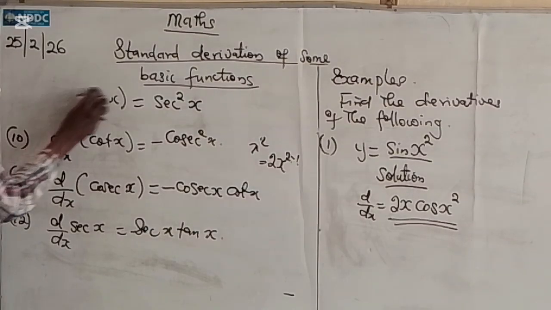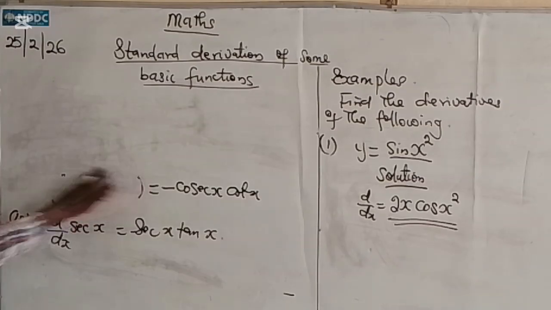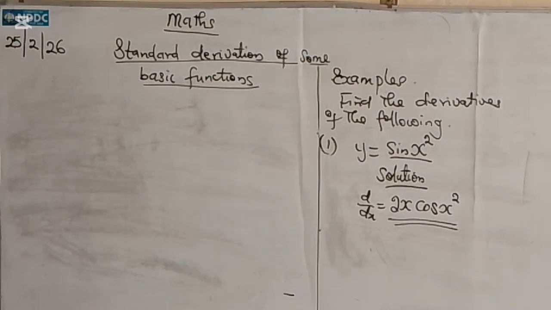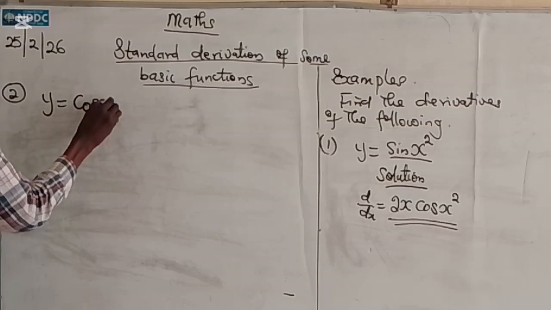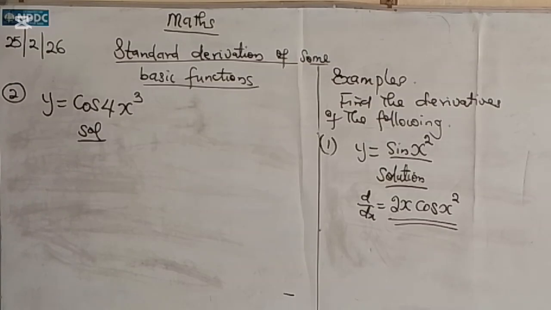Okay. Let's do number 2. The example number 2 is y is equal to cos 4x raised to the power 3. Solution. dy over dx is equal to, look at this now.